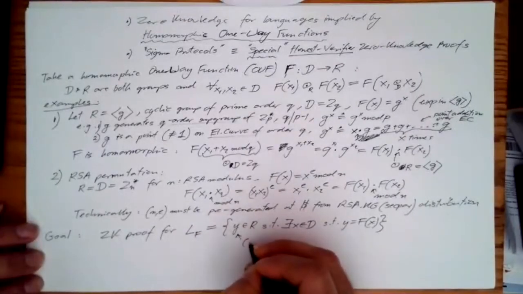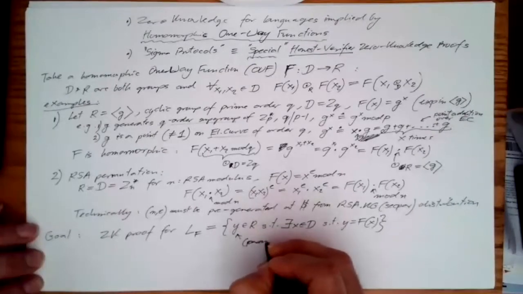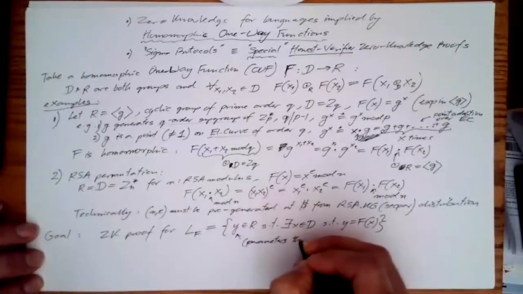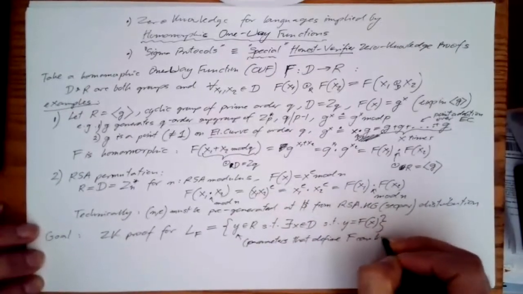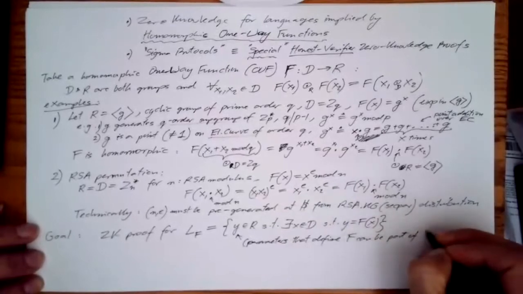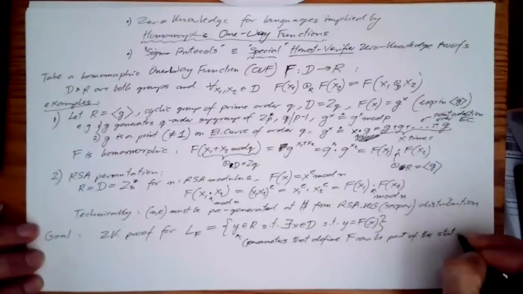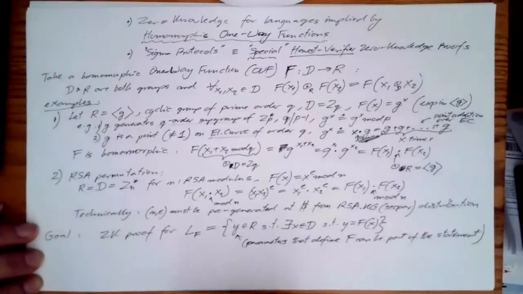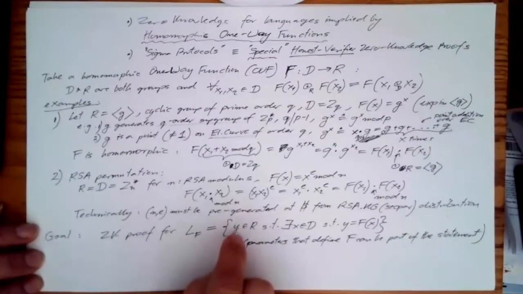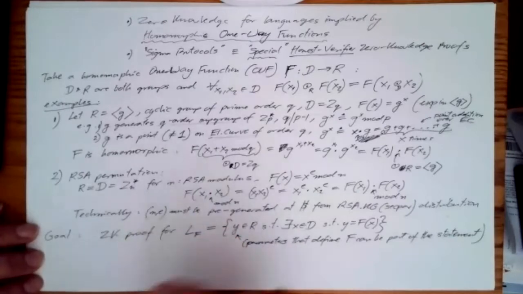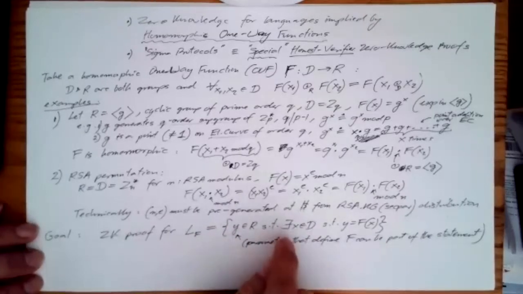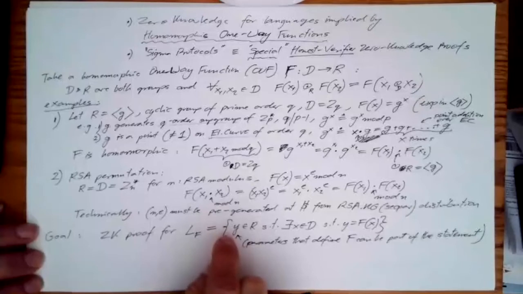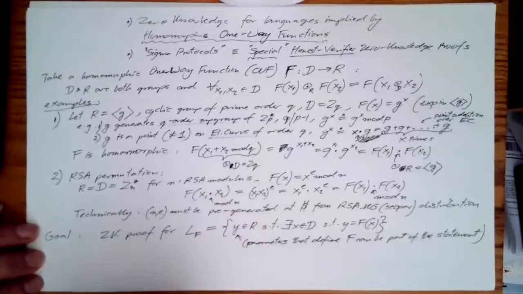The parameters that define f can be part of the statement. Okay, so the full statement is not just elements from the range, but the parameters that define the function and elements in the range. And it's in the language if there is a preimage that explains this y as an element in the range.